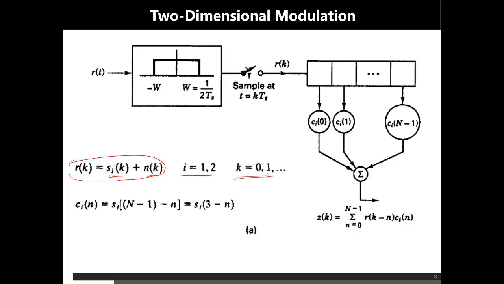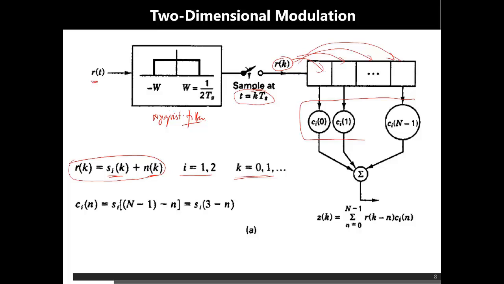So if you look at the receiver model, the received signal is first passed through a Nyquist filter. This particular filter is called a Nyquist filter, having bandwidth W equal to 1 over 2 Ts, where Ts is the sampling time, and then the received data is sampled at a rate t equal to k Ts, meaning integral multiples of the sampling period, and once each sample comes, it is R of k, and it is stored here in this register.